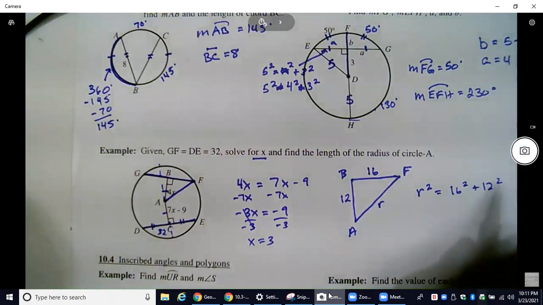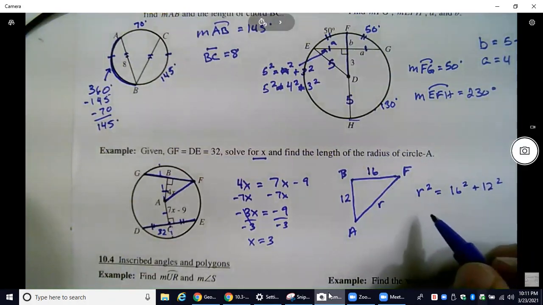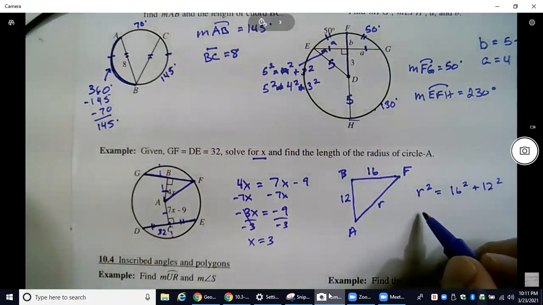So you do a little bit of multiplying, or we could really derive this, right? So R is equal to the square root of 16 squared plus 12 squared.